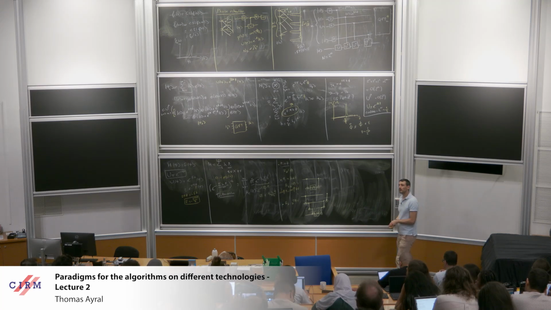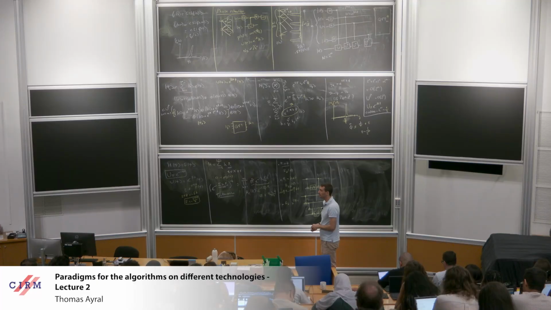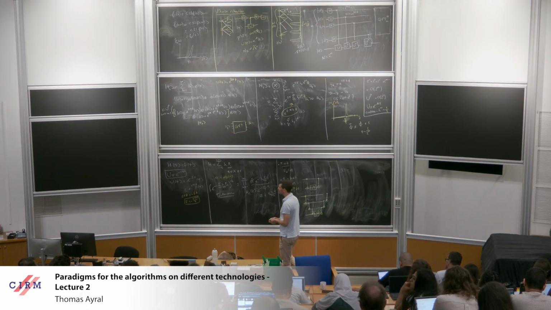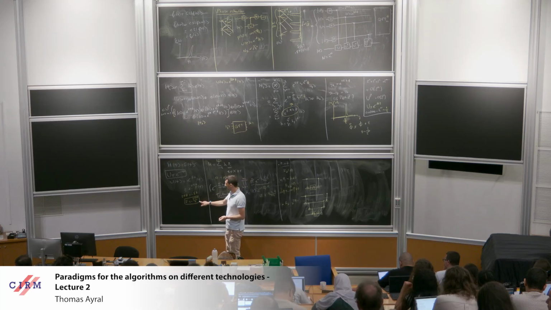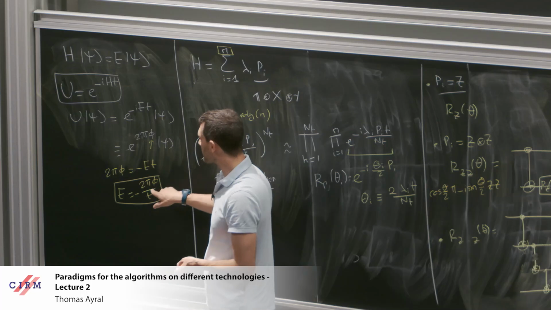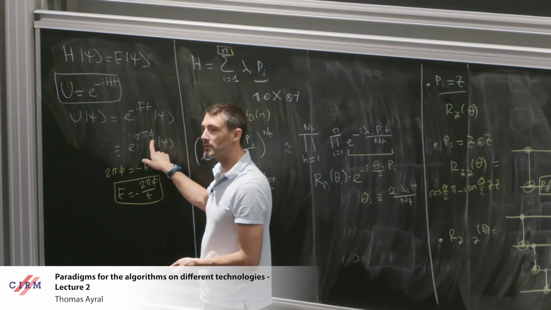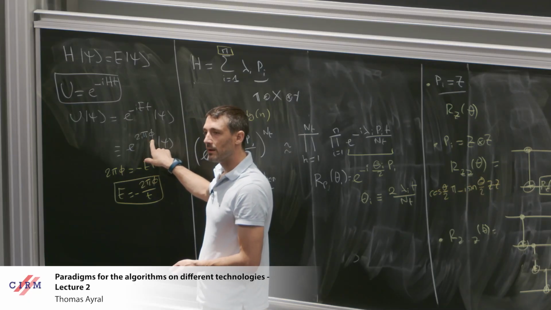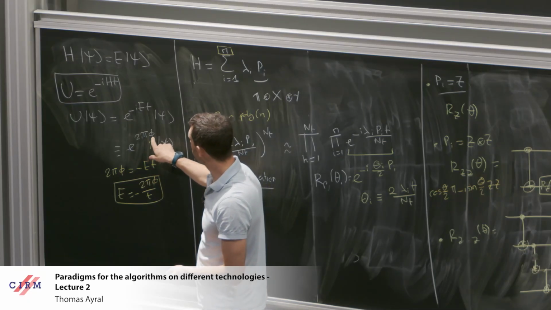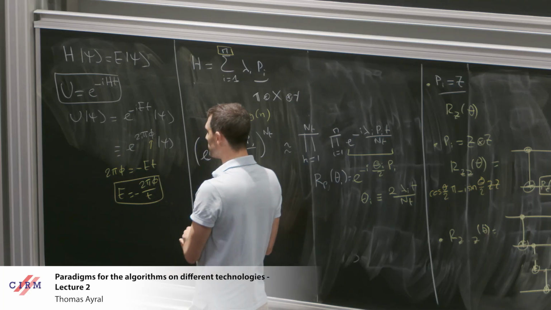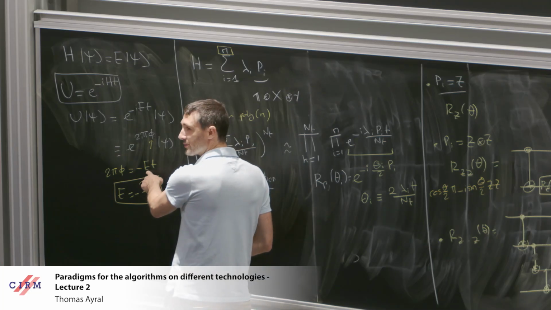All right, yes? When you do the phase estimation on the left, the phi depends on T? Yes. So the question is, when I do the phase estimation here, the phi depends on T. Yes, it does. And in fact, that's something I didn't really explain, but we would like the phase here to be between 0 and 1. And if I want the phase to be between 0 and 1, the energy here is something I do not control.